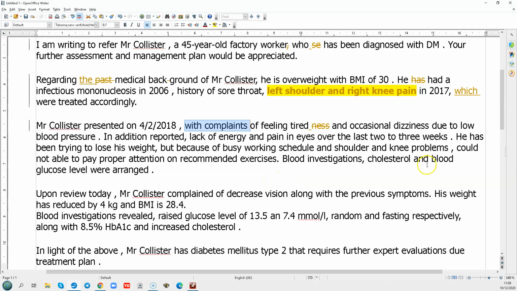He probably wouldn't. You would probably find that out afterwards. So he actually came and complained and said, I'm tired, I'm dizzy, I've got a lack of energy and pain, blah, blah, blah. And then, upon investigation, you would find it was due to low blood pressure. And you would put that later.